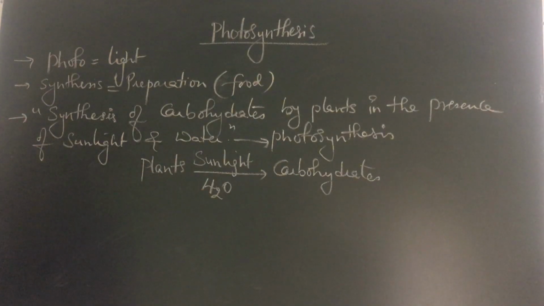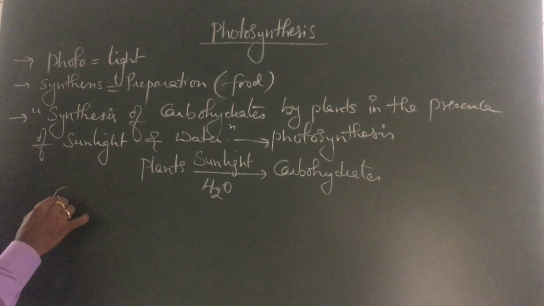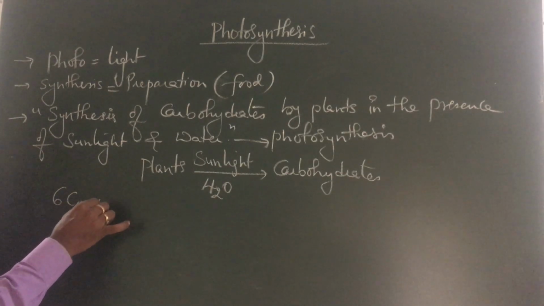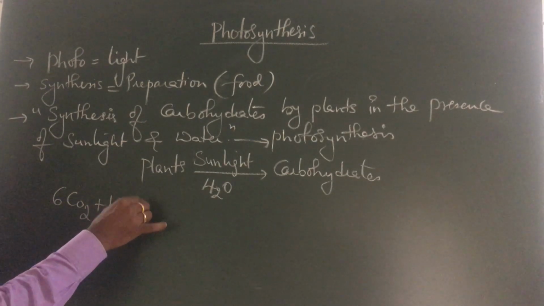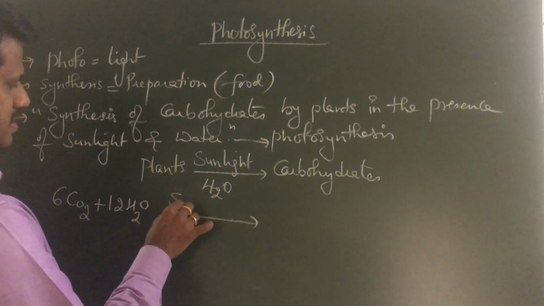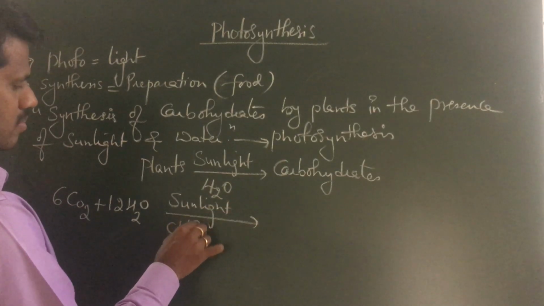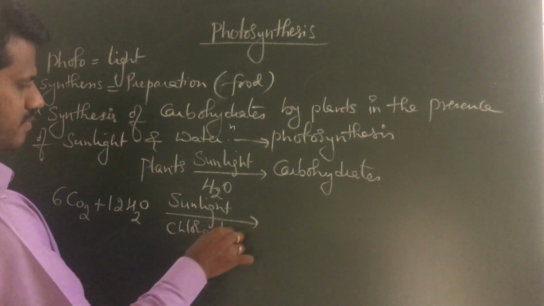So what is the number of molecules to prepare one glucose molecule? 6 CO2, 12 H2O, water molecules, in the presence of sunlight and chlorophyll pigments.